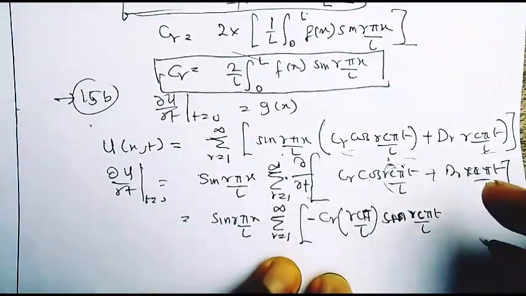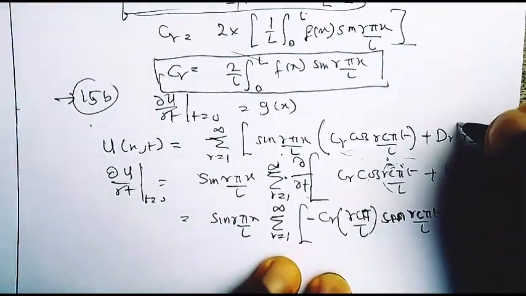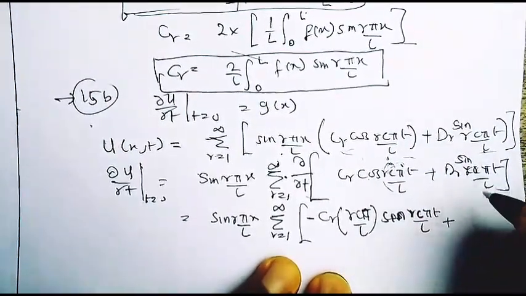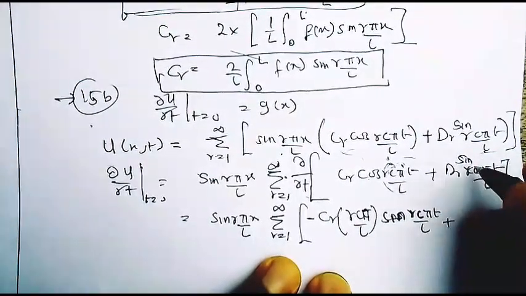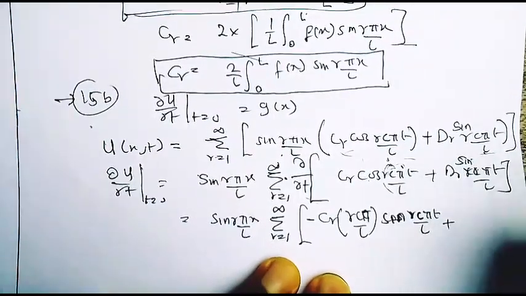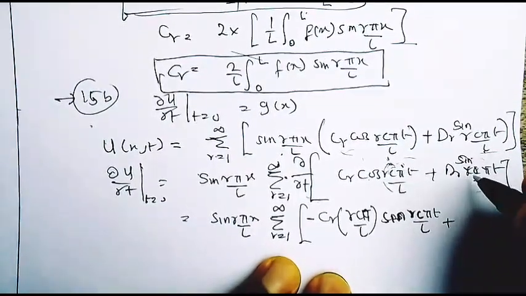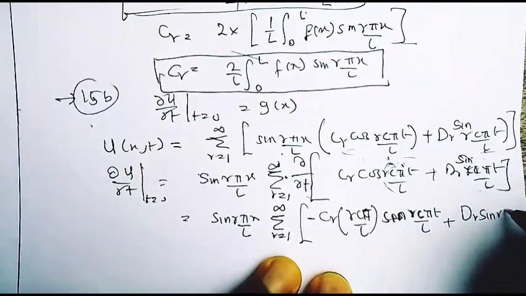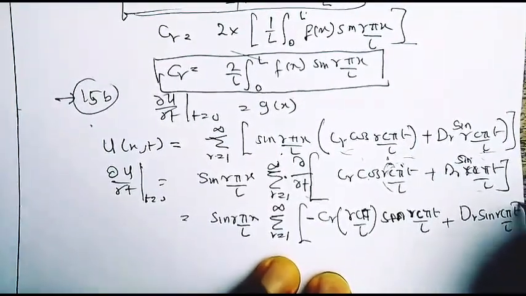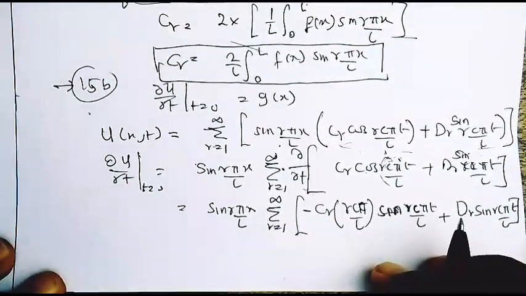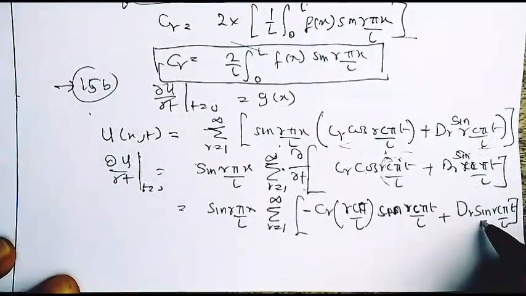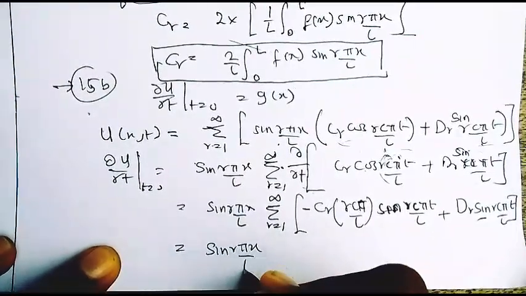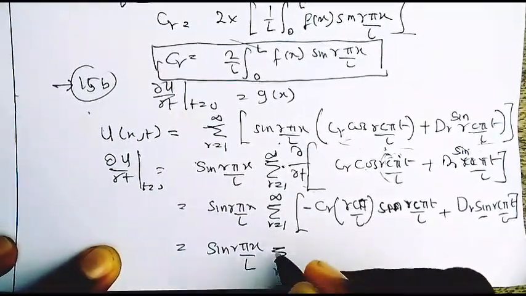So I'm going to do the same thing here also. Remember, there's a sine function here. So in differentiating sine, I have cos, right? So let me just write it out if I differentiate it. So this is d_r sine(r c pi t over L). When I differentiate this one, I'm going to have sine(r pi x over L), summation r equal to 1 to infinity.